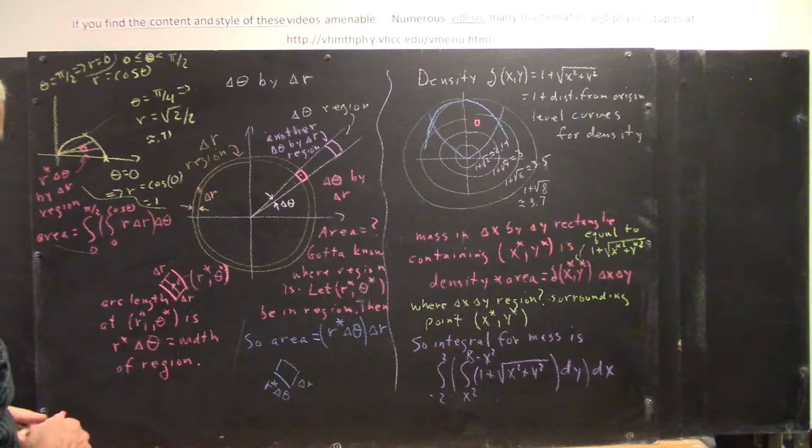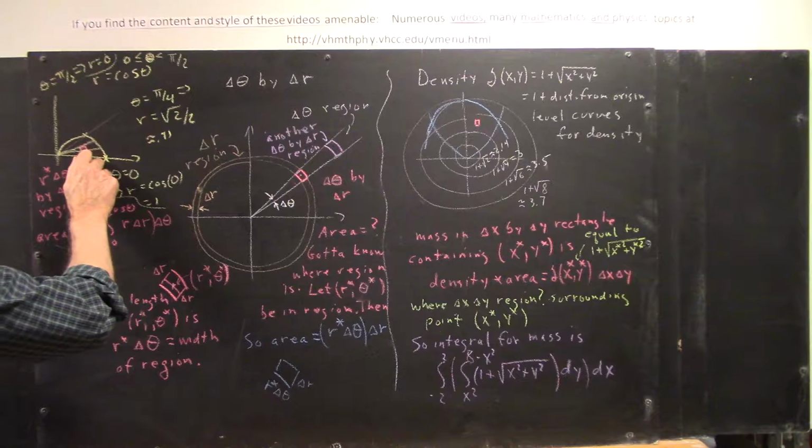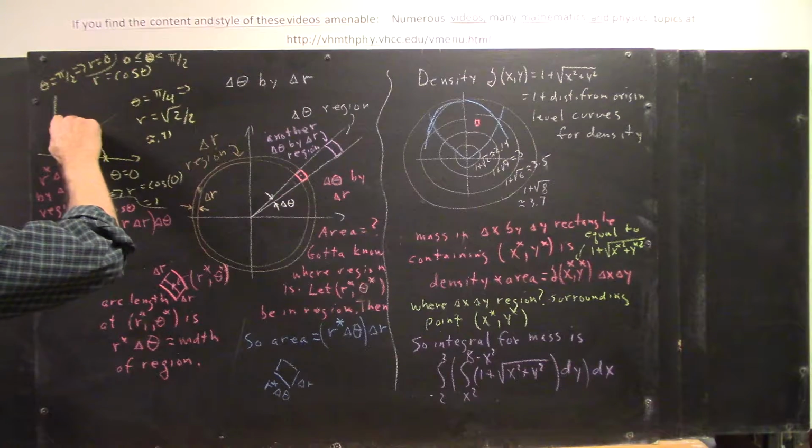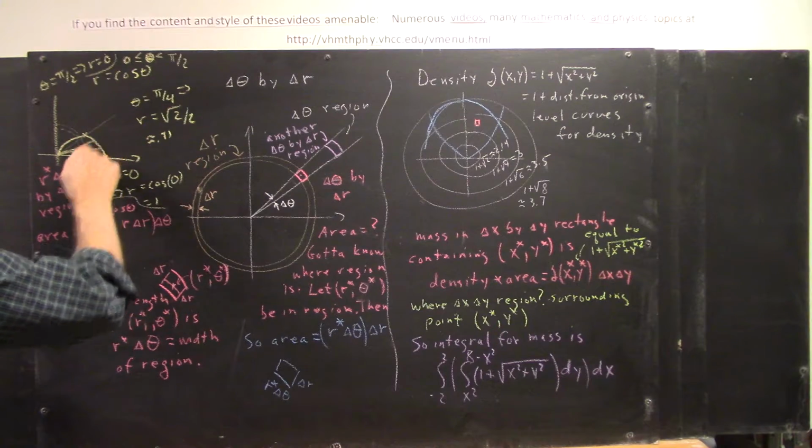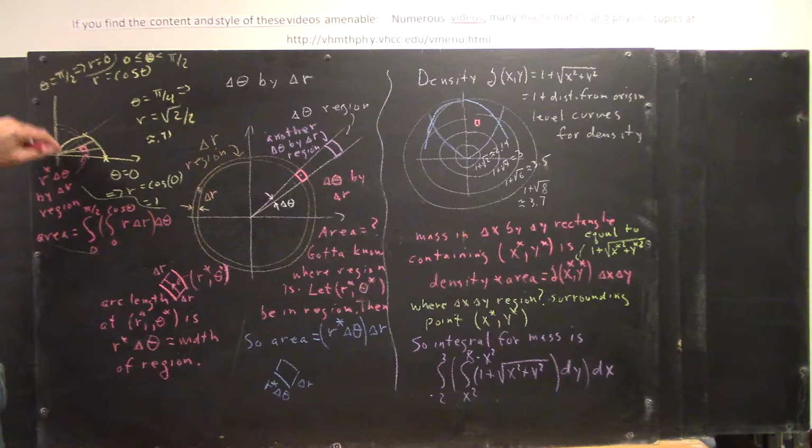Okay, we could draw our arc for delta r. Right there would be part of one circle, there would be part of another, so that this is confined within a delta r interval and a delta theta interval.